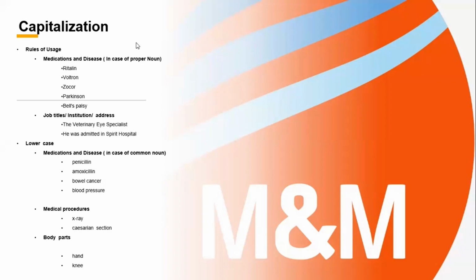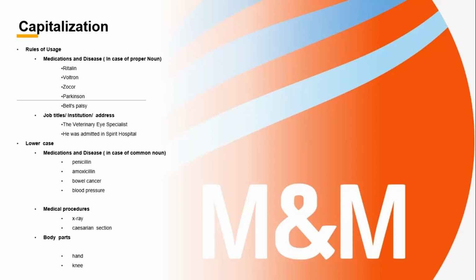But if we have a disease such as diabetes or hypertension, these are diseases that we cannot write with a capital letter. You have to use the lowercase letter with that, okay? Is it clear to you?